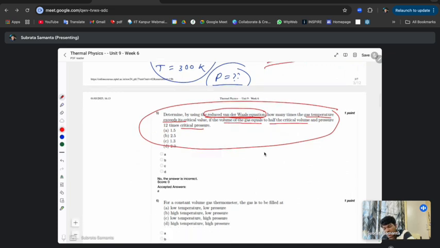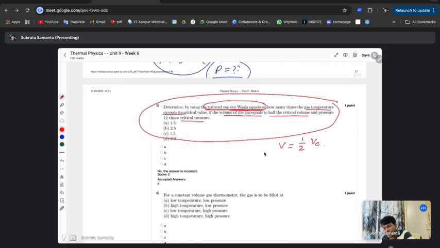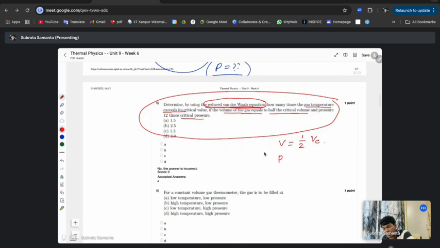Okay, so first, the reduced variables. It is given that the volume of the gas, V, equals half of the critical volume, so half times Vc. And the pressure P is 12 times the critical pressure, so 12 times Pc.